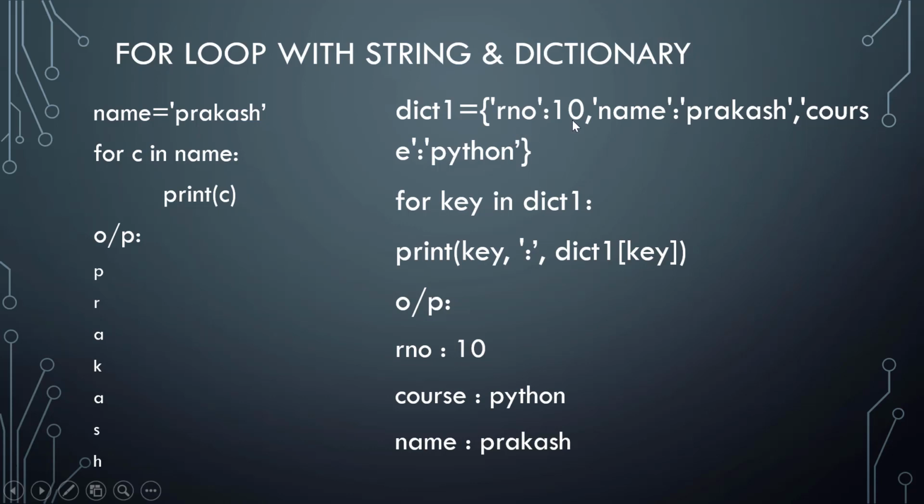Once the key value pairs are ready, for key in dict1, print key comma colon dict1 of key, just like we have seen earlier with the list. Cities example I have done, same model. In this way, you can pass every key of the dictionary and print it in the for loop itself.